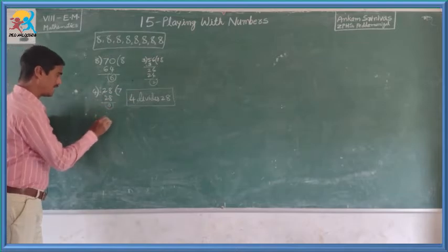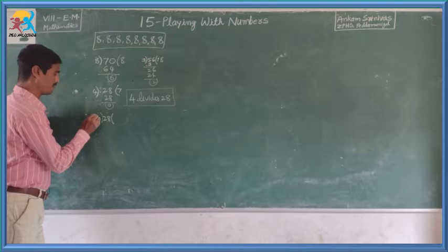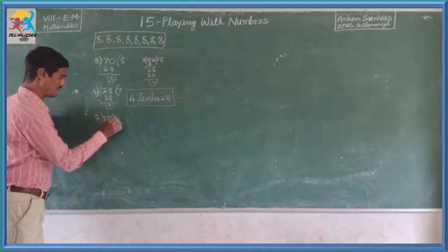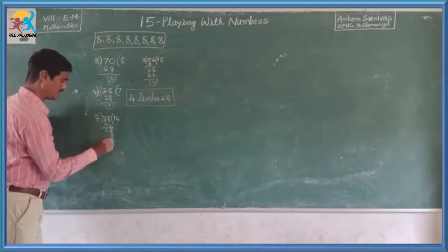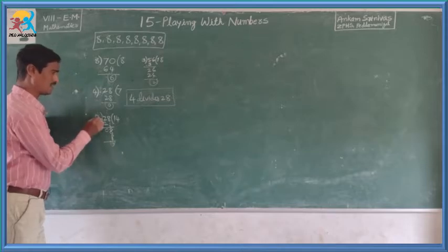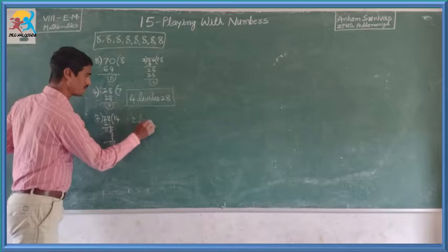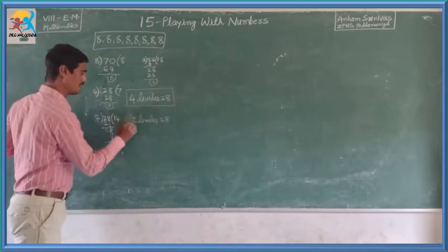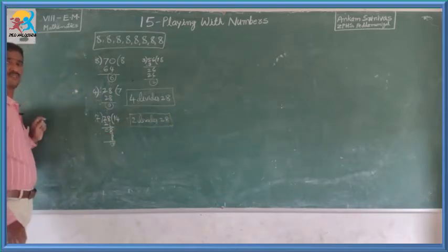Now I am taking 28 divided by 2 again. 2 ones are 2, remainder 0. 2 fours are 8, remainder 0. So 2 divides 28. That means 28 is exactly divisible by 2.